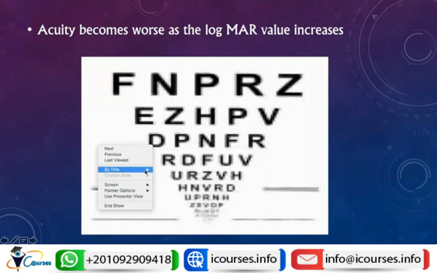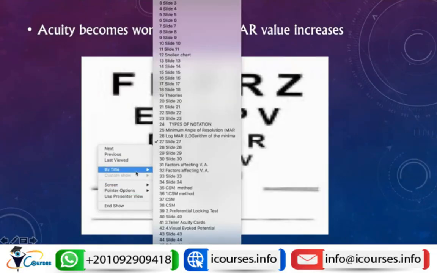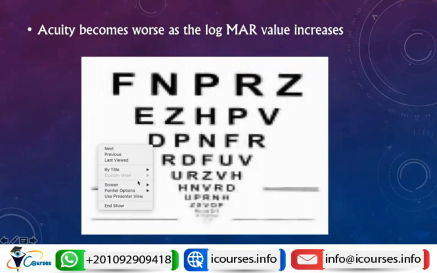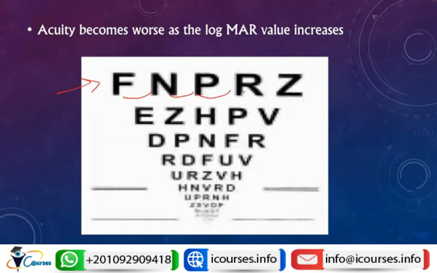As you can see, the larger line has 5 letters, and there is a space between each letter and the other.